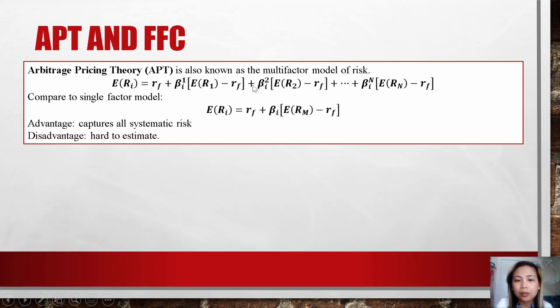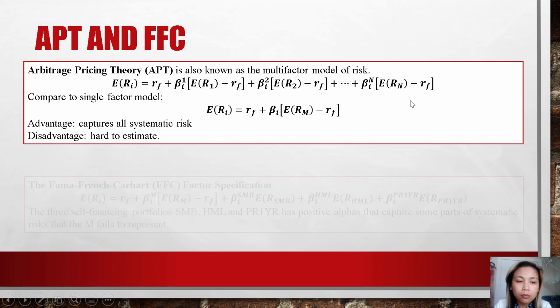But here in the multi-factor model, we don't mention the market portfolio. The advantage of this is that it tries to capture all the systematic risk that couldn't be captured in the market portfolio. The disadvantage is that it's hard to estimate the expected return because we have so many different factors in here.